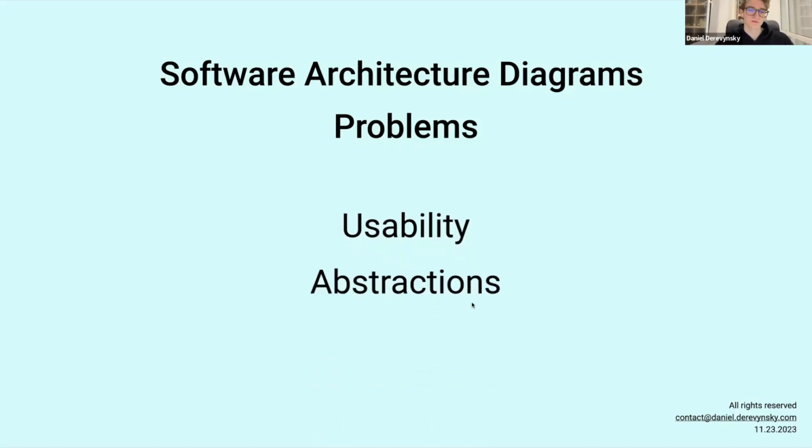The next problem is abstractions. What I mean by abstractions is that the diagram itself can be built with different levels of abstraction. For example, if we're trying to diagram Twitter, we could build a diagram that has a user, a web application, and a server, and say that the user uses the web application, and the web application communicates with the server to send tweets and whatever.